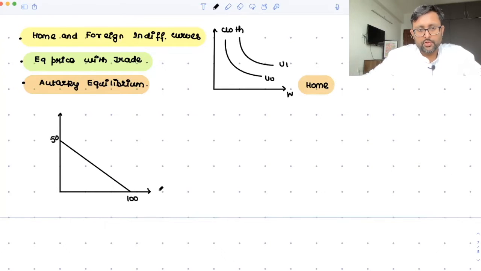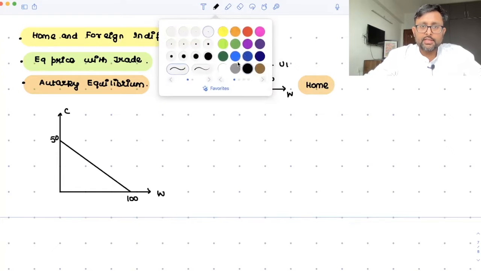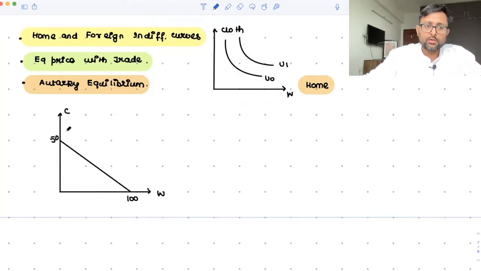It was wheat here, cloth here. And I just ask myself what is the highest community indifference curve I can achieve given this PPF. So is this the highest one?